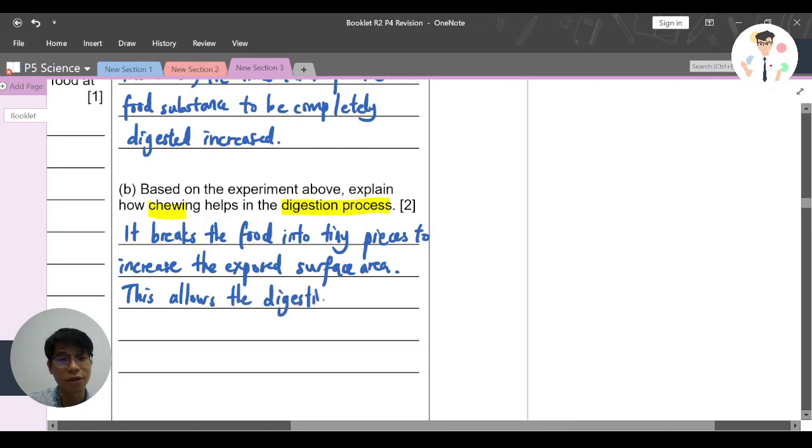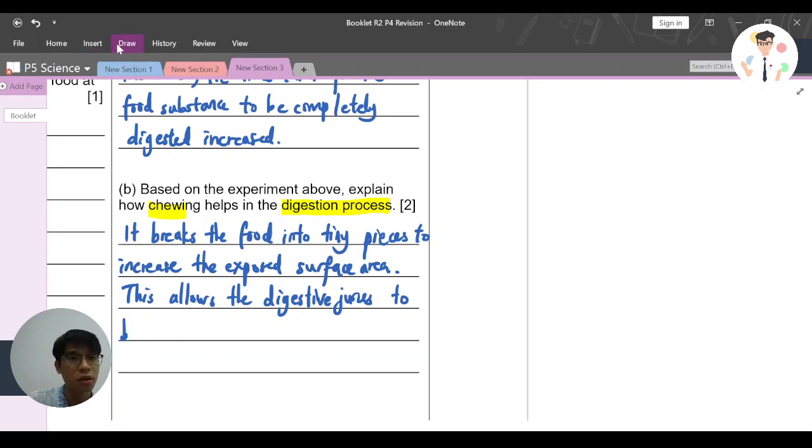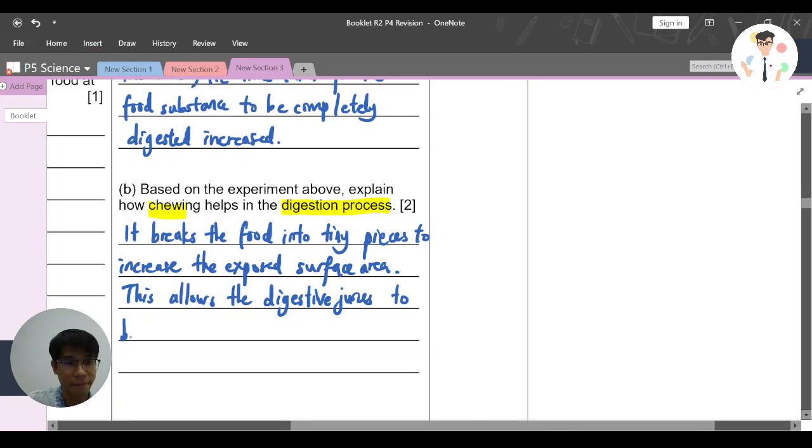It allows the digestive juices to break down the food into simpler substances. So basically that's how this whole thing works.